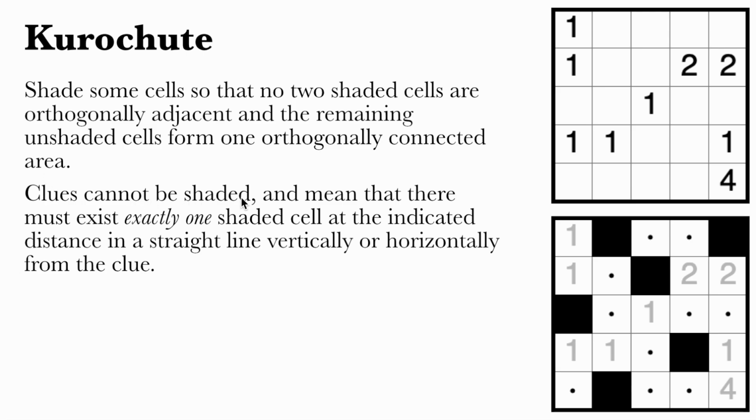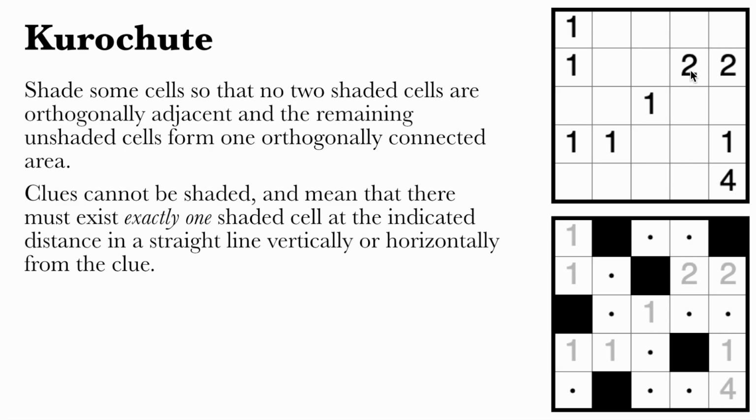Clues cannot be shaded and mean that there must exist exactly one shaded cell at the indicated distance in a straight line vertically or horizontally from the clue. That's a mouthful. So let's look at some examples. This one straight in the middle is saying that there is exactly one shaded cell one space away from that clue.